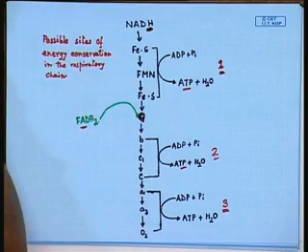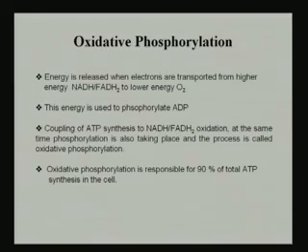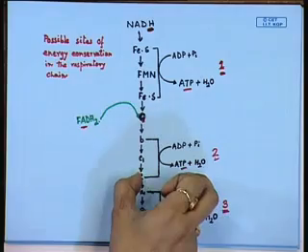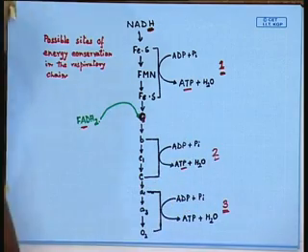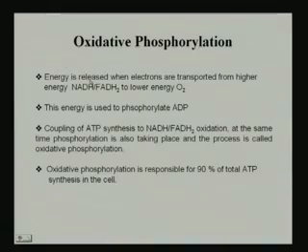Now, this is as far as the electron transport chain is concerned. When we are coupling this electron transport chain and oxidative phosphorylation, we find that energy is released when electrons are transported from higher energy, that is NADH or FADH2, to lower energy oxygen. The energy is used to phosphorylate ADP.